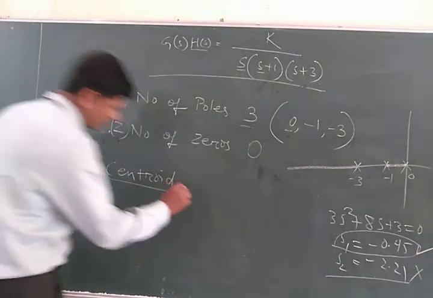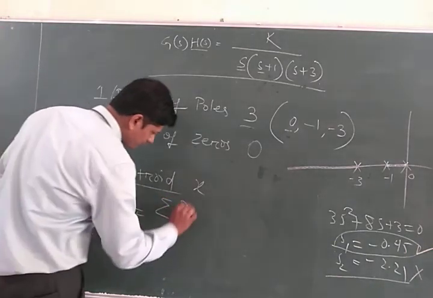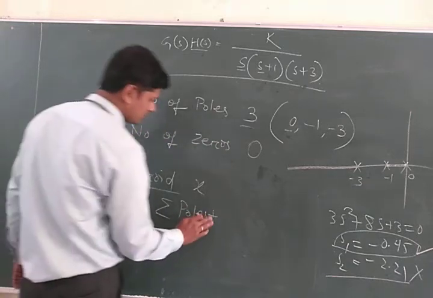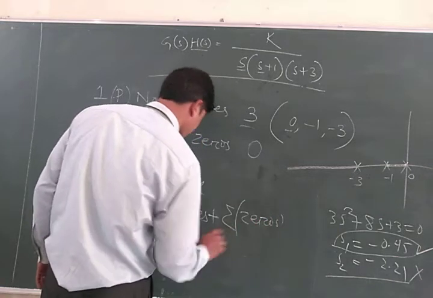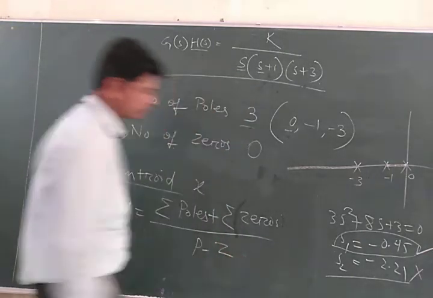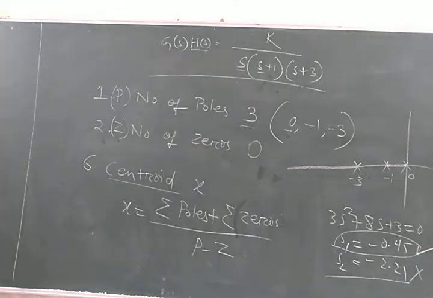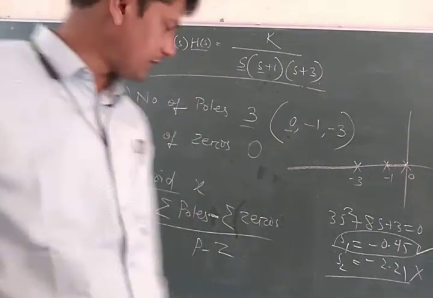The centroid is normally denoted with a small x, and the formula is x equals summation of poles, not plus, it is minus, summation of poles minus summation of zeros, divided by p minus z.